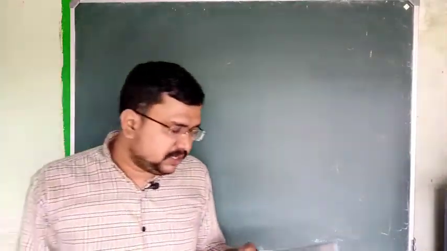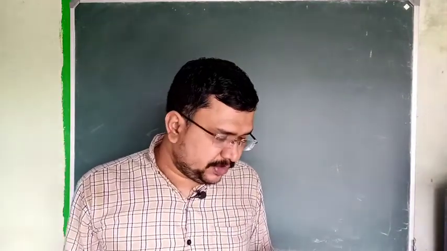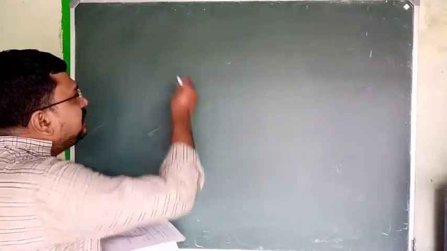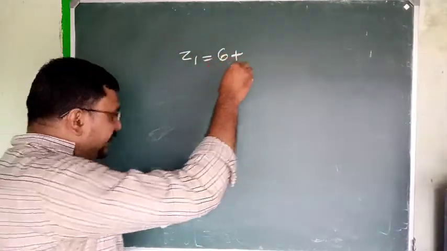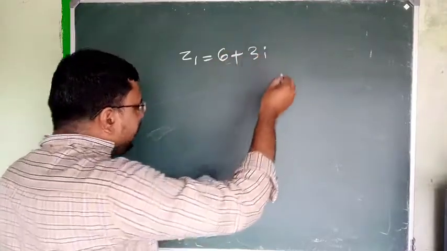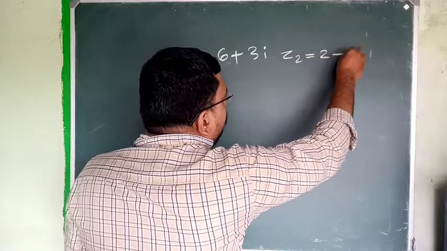Our question is, given two complex numbers Z1 and Z2, suppose that Z1 equal to 6 plus 3i and Z2 equal to 2 minus i.